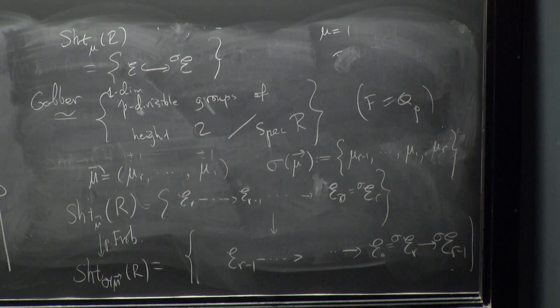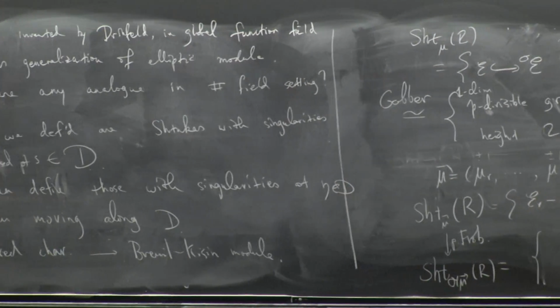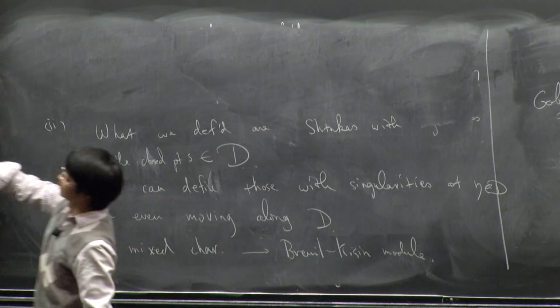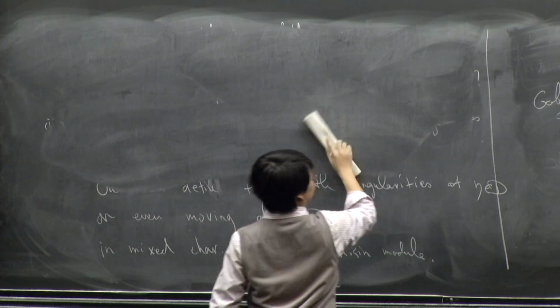Okay, so now the picture I really want to study is the following. There's a relation between the moduli of Shtukas and the varieties I defined before.